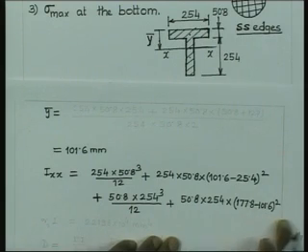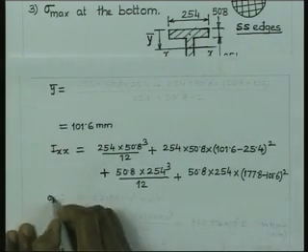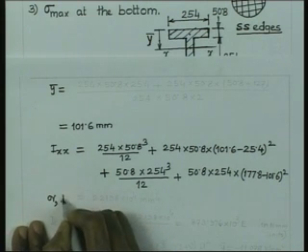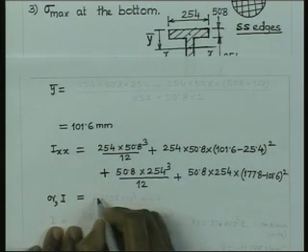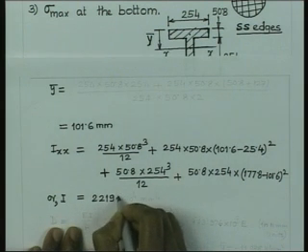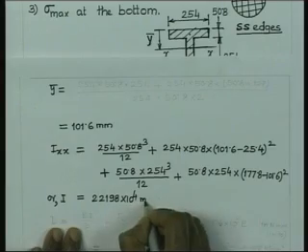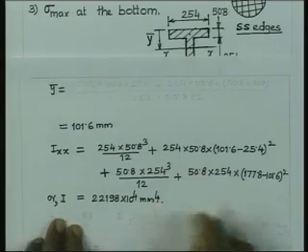That gives us the contribution of the parallel axis theorem. On simplification, we will simply write I rather than Ixx. This is nothing but 22,198 into 10 to the power of 4 millimeter raised to the power 4. So, that is the moment of inertia.